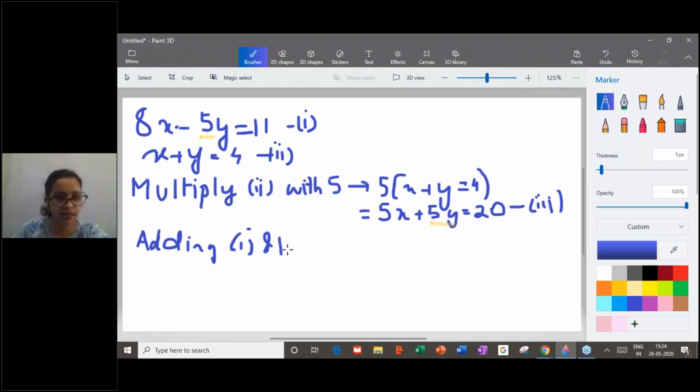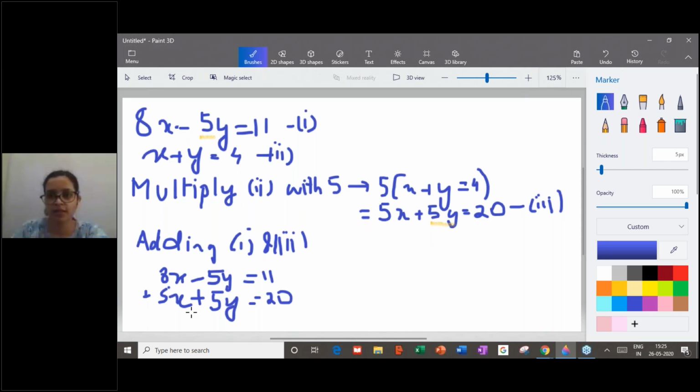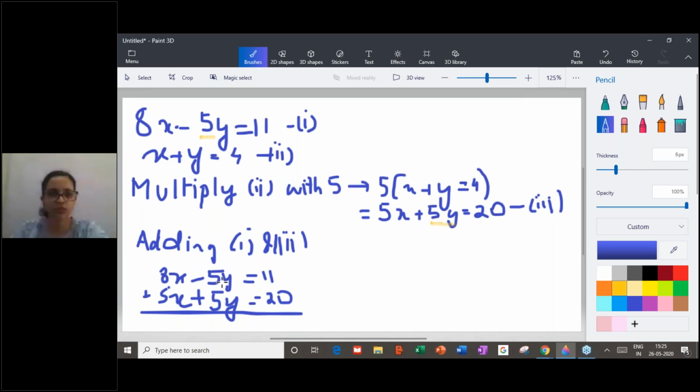What do you get? 8x minus 5y is equal to 11 plus 5x plus 5y is equal to 20. So y is eliminated. So you get an equation in terms of x which you can solve.